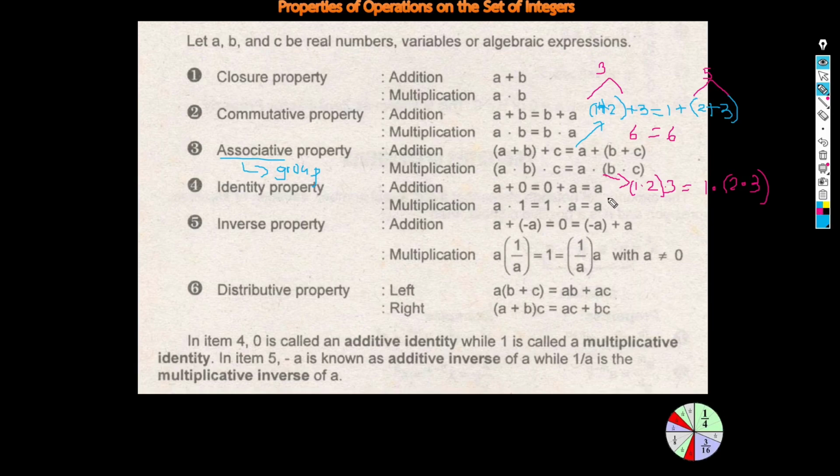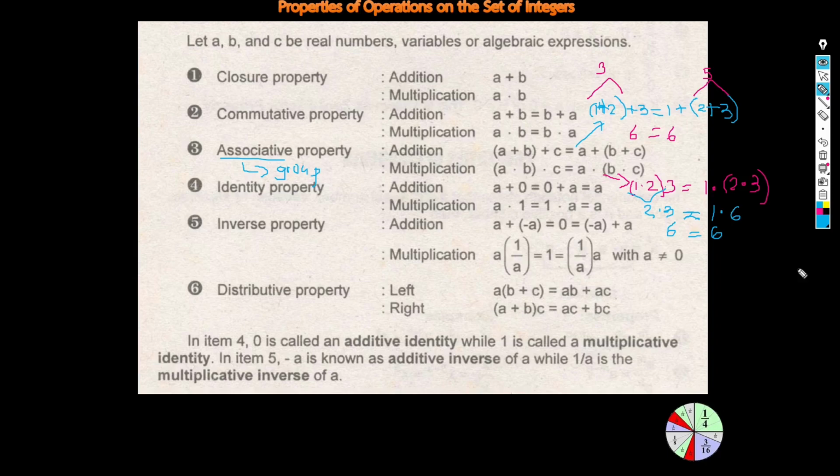So 1 times 2 gives you 2, and when you multiply it by 3, it gives you 6. And 2 times 3 is equal to 6, and then 1 times 6 is equal to 6. It's the same answer.